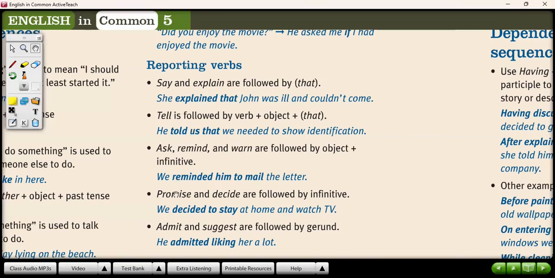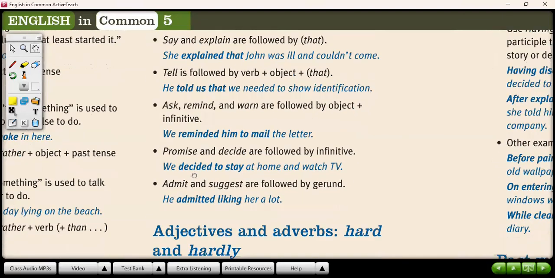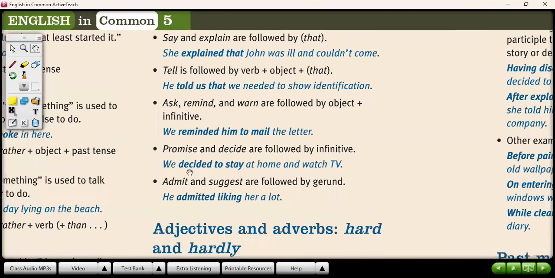Okay, let's see other reporting verbs like ask, remind, and warn. These verbs are followed by an object and the infinitive form of another verb. So, we reminded him to mail the letter. So I have the object and the infinitive form of another verb.